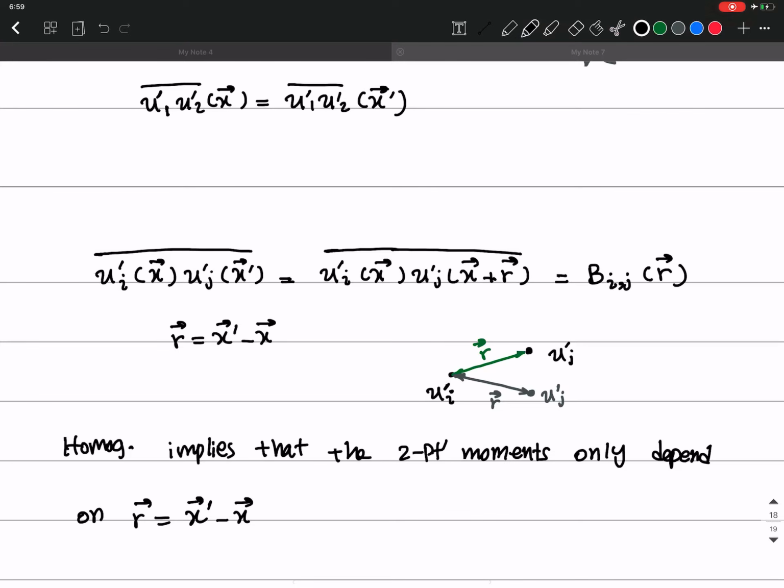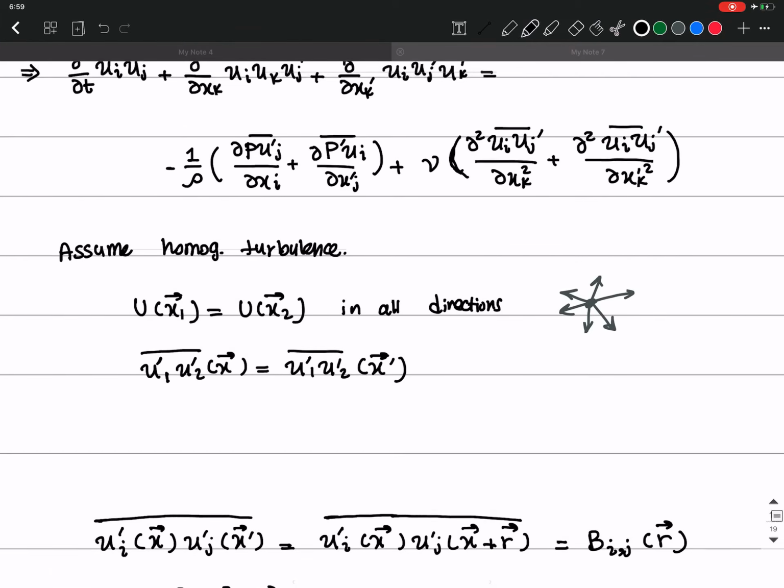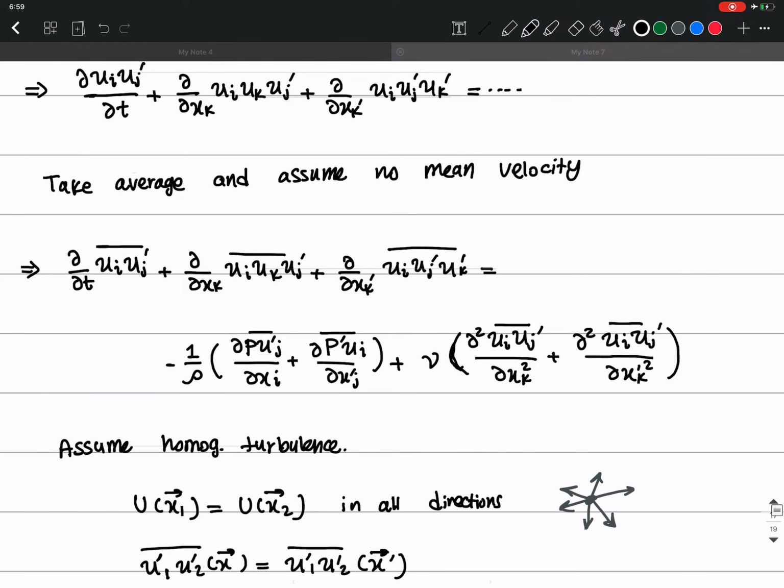This is important because we are now going to use this property of homogeneity to further simplify our obtained equation here, okay?